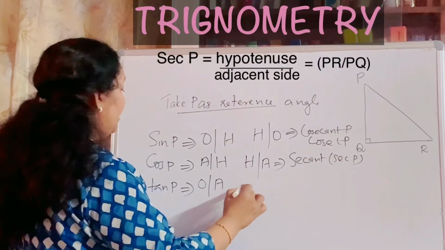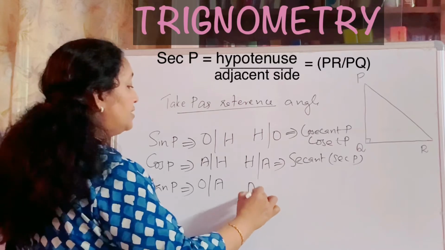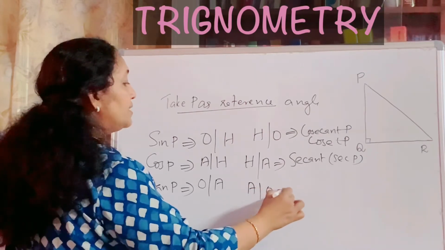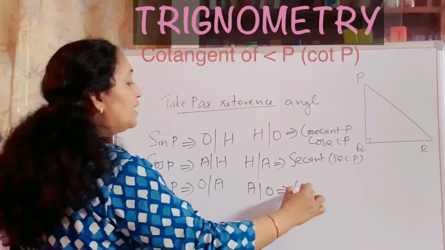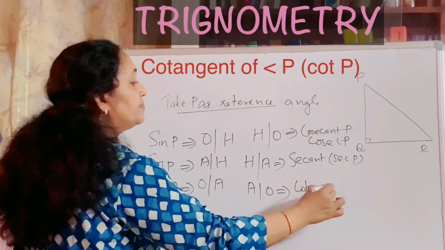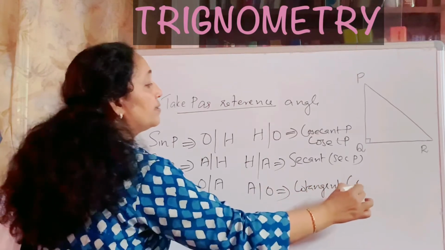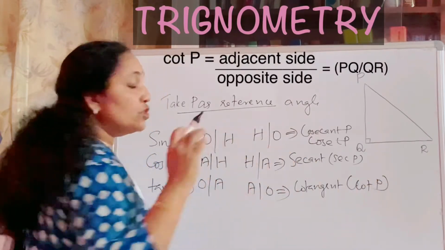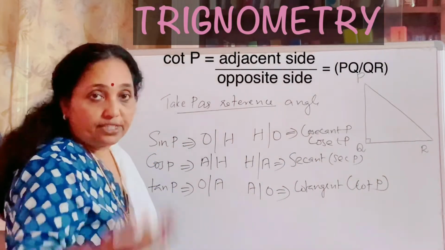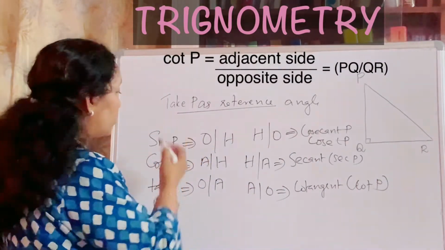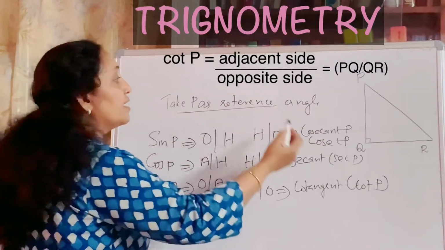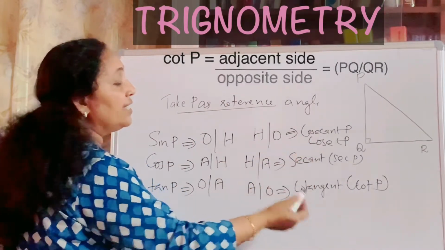Then there is adjacent side by opposite side, that is cotangent or cot. So we have six trigonometric ratios: sine, cosine, tan, cosec, sec and cot.